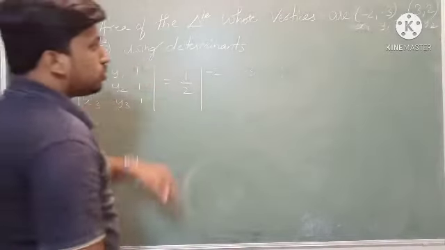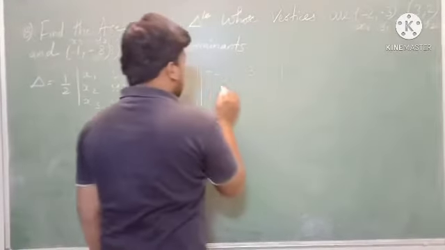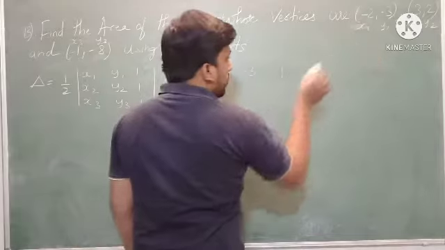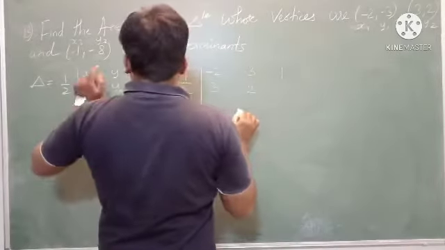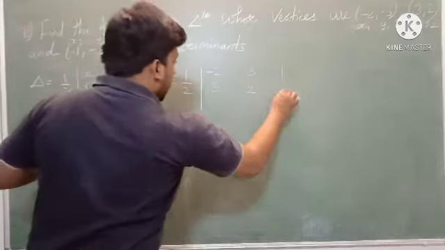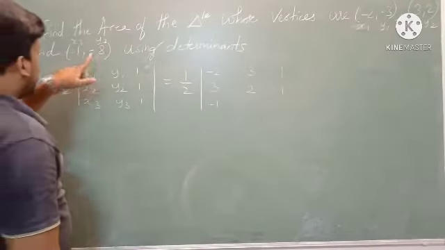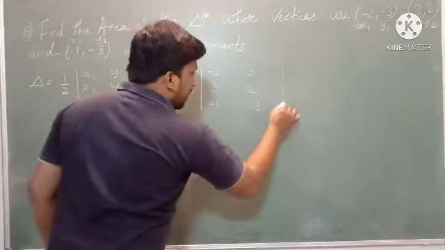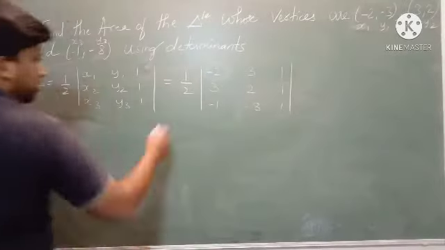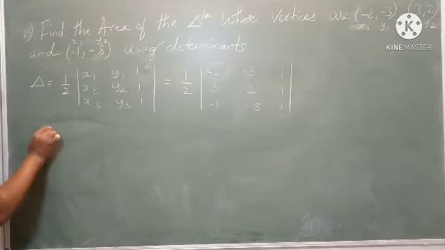So x2 is 3, y2 is 2 and 1, x3 is minus 1, y3 is minus 8 and 1. Now we are going to solve this determinant. How to solve this?